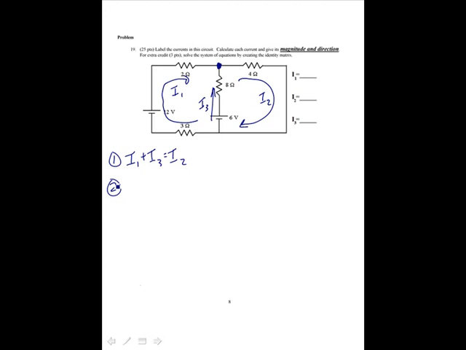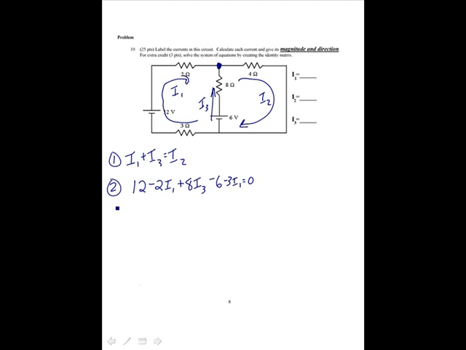My second equation, it looks like I chose the left loop. It looks like this. I have 12 minus 2I1 plus 8I3 minus 6 minus 3I1 equals 0.